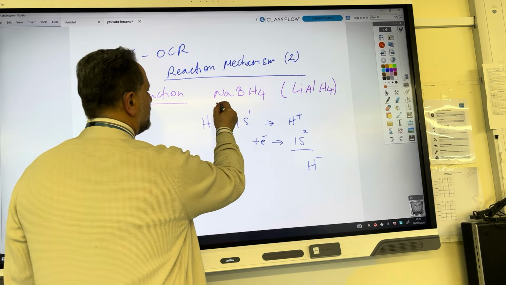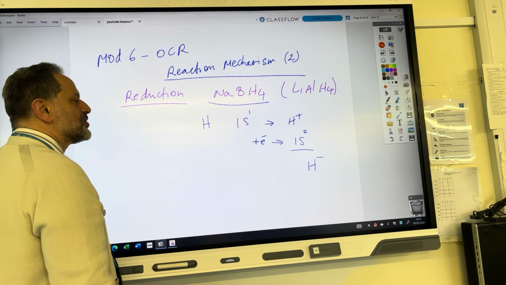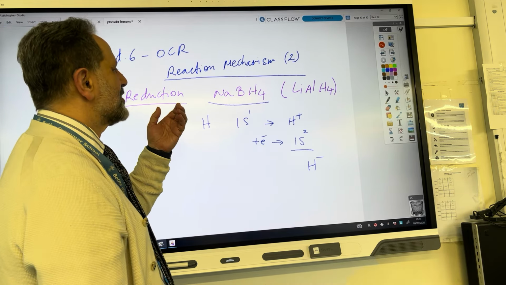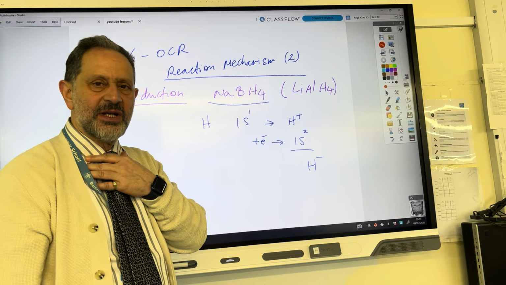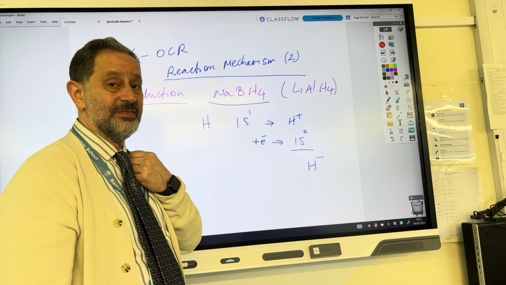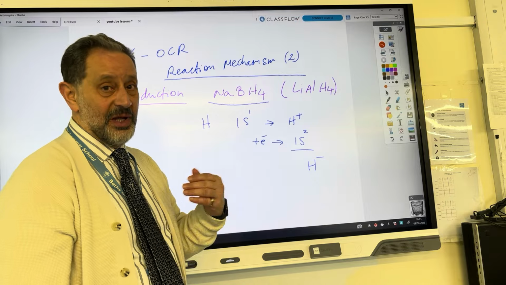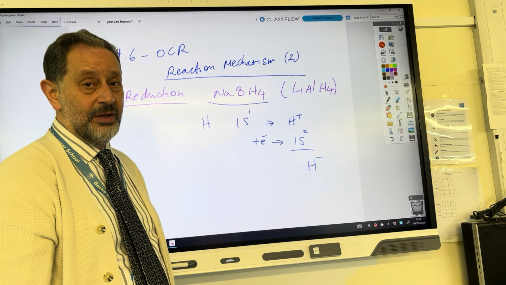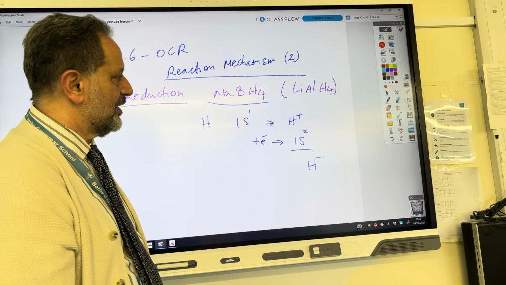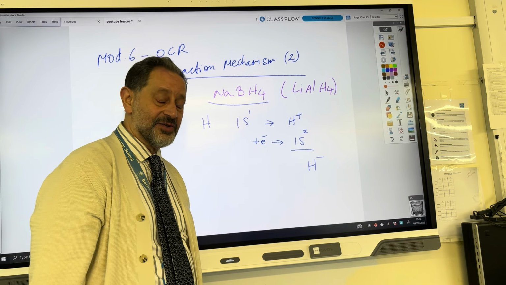So why is this a reducing agent then? Why is it producing H minus? Well, the thing is, under normal circumstances, it loses an electron, but not when it is sitting next to sodium. You see what I mean? It's sodium that wants to lose an electron. It's group 1, a very, very reactive metal, and therefore hydrogen on this occasion gets humbled and gains an electron.